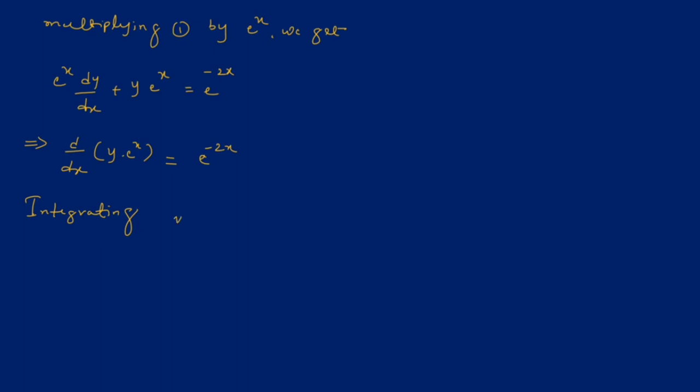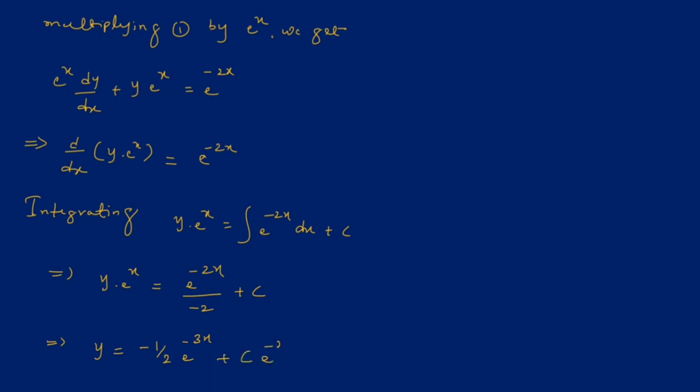On the LHS we get only y e to the power of x, and on the RHS the integration of e to the power of minus 2x with respect to x plus the constant term c. So y e to the power of x equals e to the power of minus 2x upon minus 2 plus c. Finally, y equals minus 1 upon 2 e to the power of minus 3x plus c e to the power of minus x.